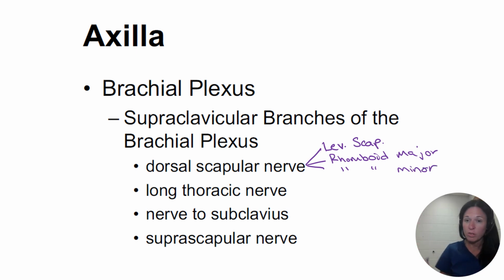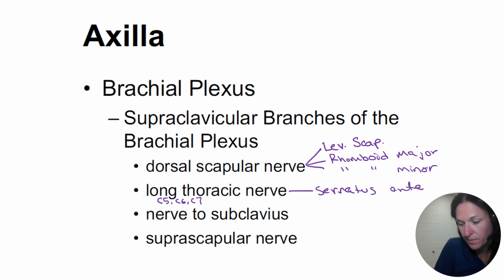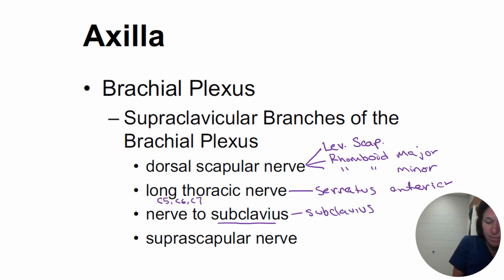Then we have our long thoracic nerve, coming from C5, C6, C7, and it's going to be responsible for innervation of serratus anterior. Nerve to subclavius is going to innervate subclavius. And the suprascapular nerve is going to be responsible for supraspinatus and infraspinatus.